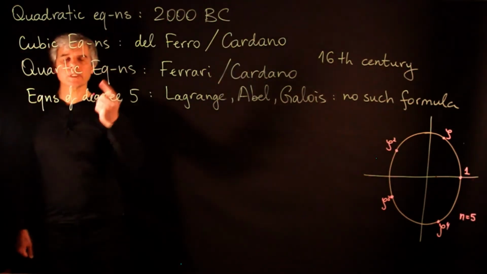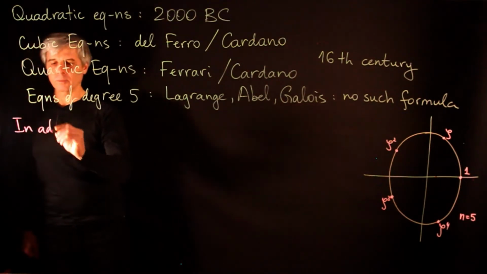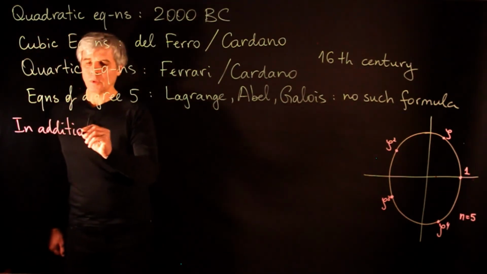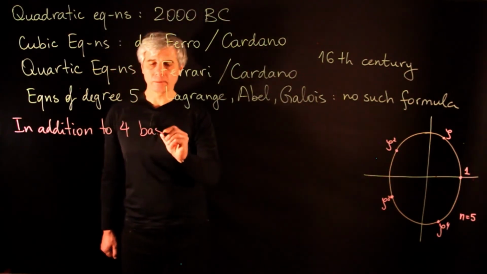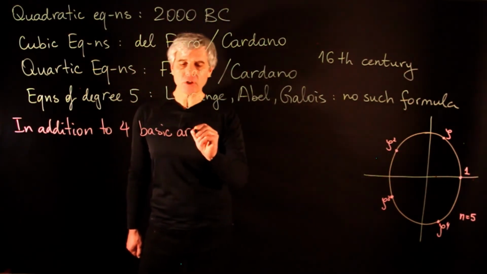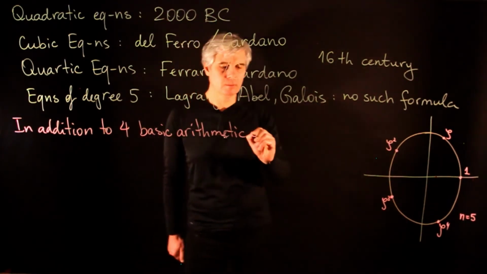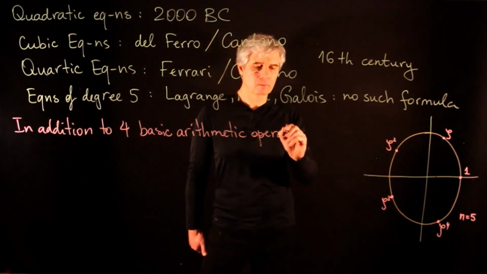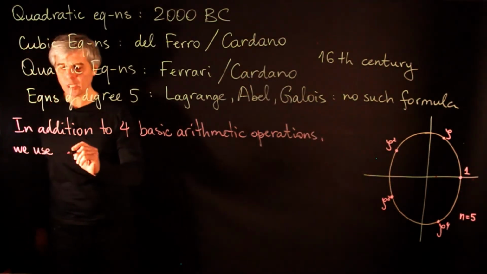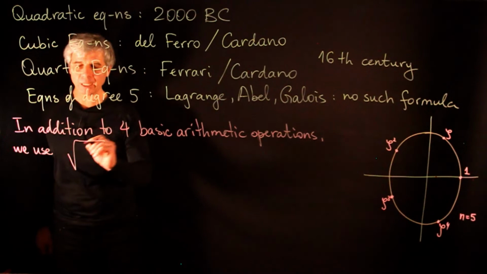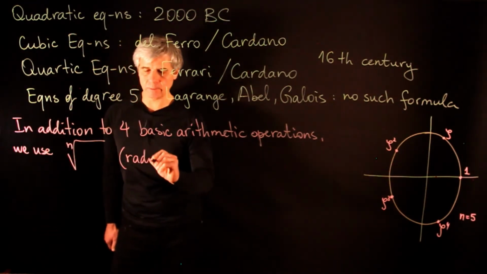In the formulas that we discussed above, in addition to the 4 basic arithmetic operations, we use the operations of extracting nth roots. So these are called radicals.